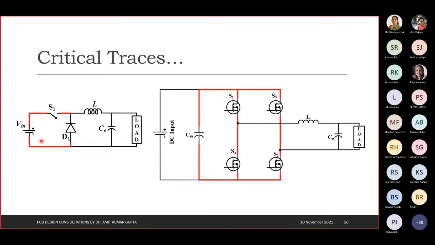Here we have this buck converter. So when this switching happens, the inductance of this trace and this trace, we know we cannot interrupt current through an inductor, right? That is applicable here also.